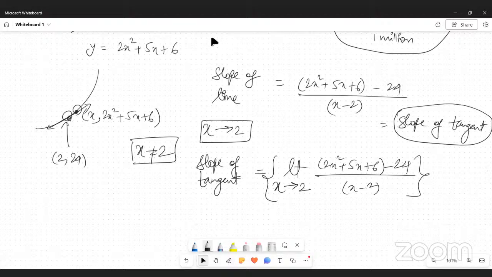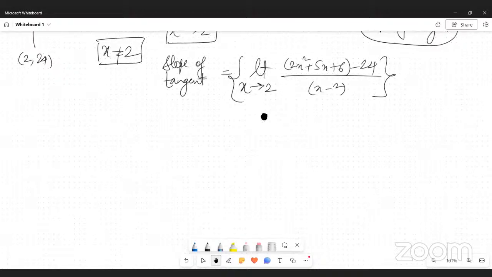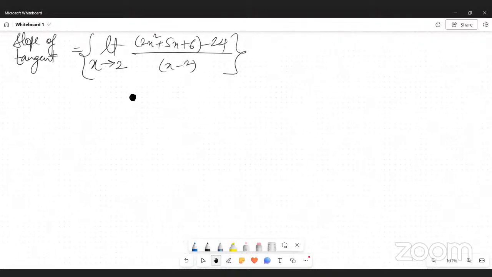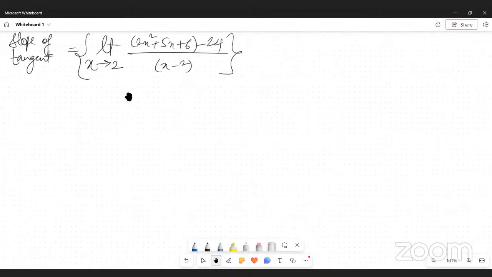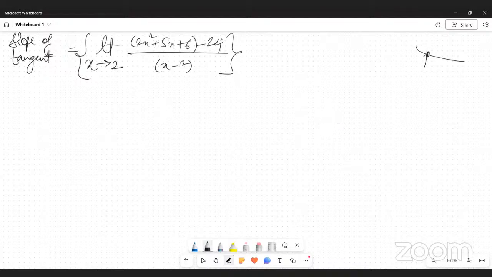So if you get it, this is a practice problem for you also. Find the slope of the tangent at x equal to 2. How will you solve this limit? How can we bring x near to 2? We have this point 2.